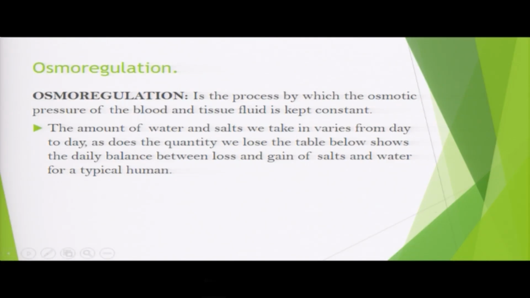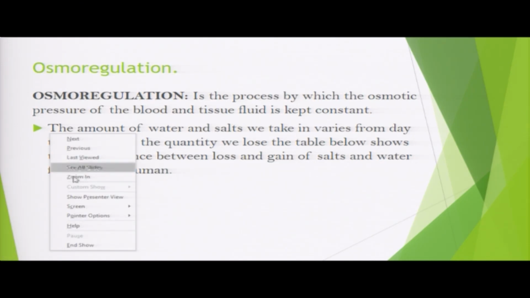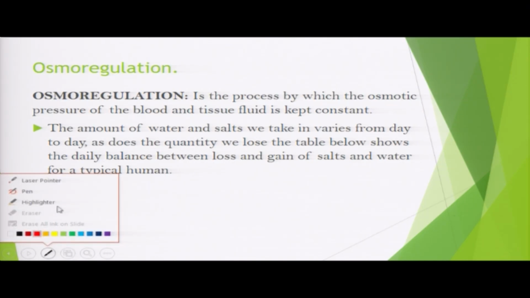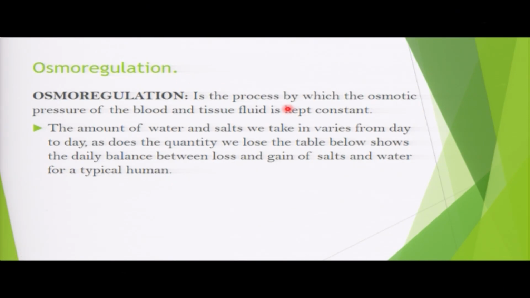What do you understand about osmoregulation? As you can see on the screen, osmoregulation is the process by which the osmotic pressure of the blood and the tissue fluid is kept constant.